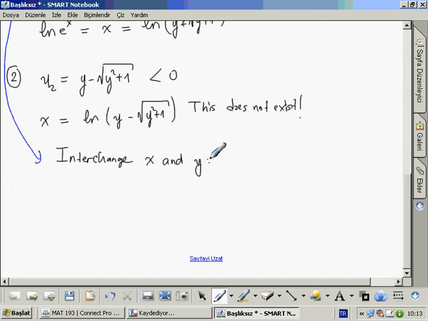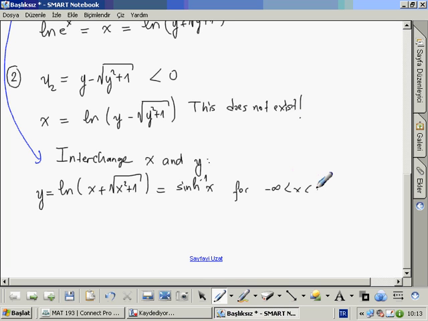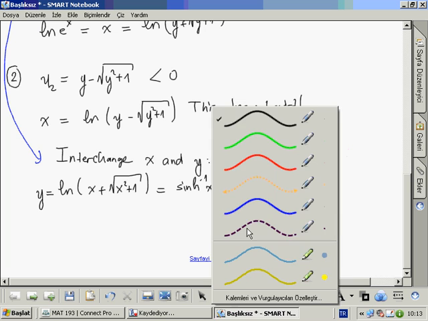So y equals ln of (x plus the square root of x squared plus 1), and it's equal to inverse sinh x, for the interval minus infinity to plus infinity.